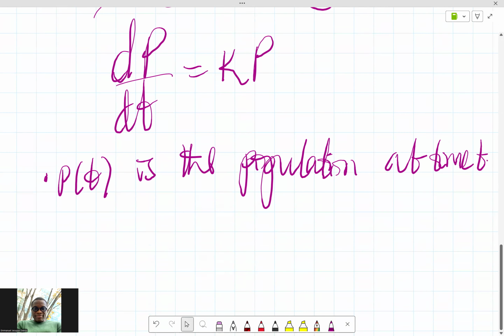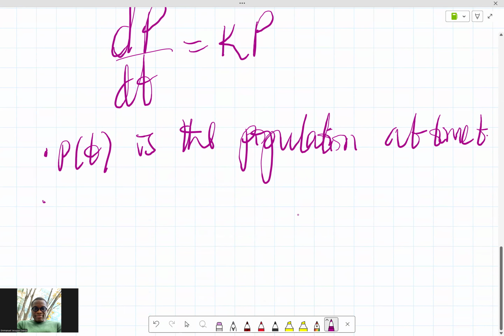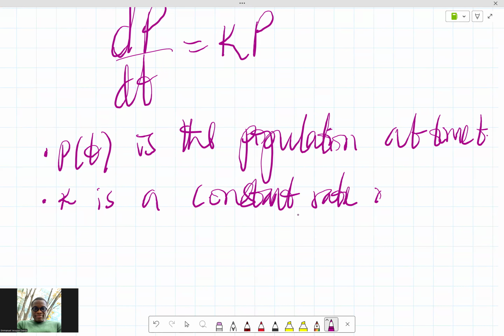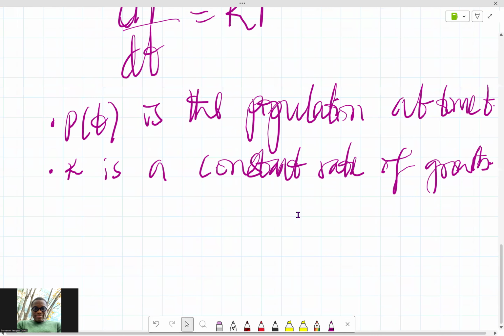That's why it is not realistic, because in reality there are restrictions, and that can lead us to other population models like logistic growth, which saturates at some point because of carrying capacity. Here, k is a constant rate of growth, which is another idealistic assumption because growth rates can be time dependent, but here we just assume that.